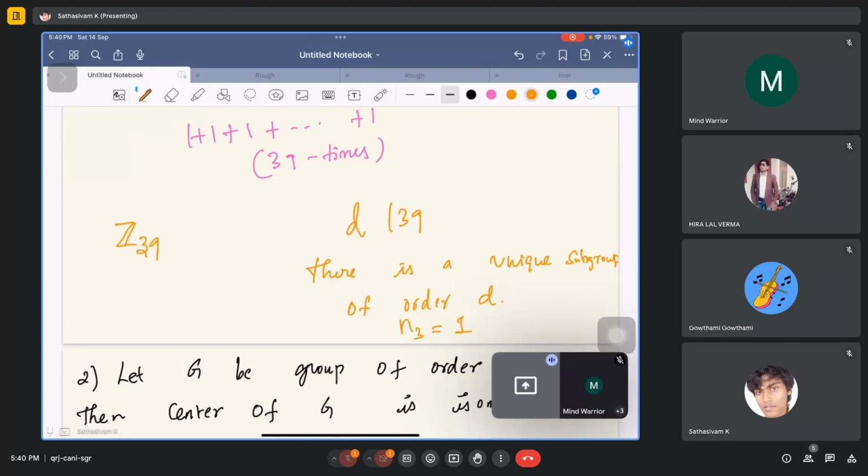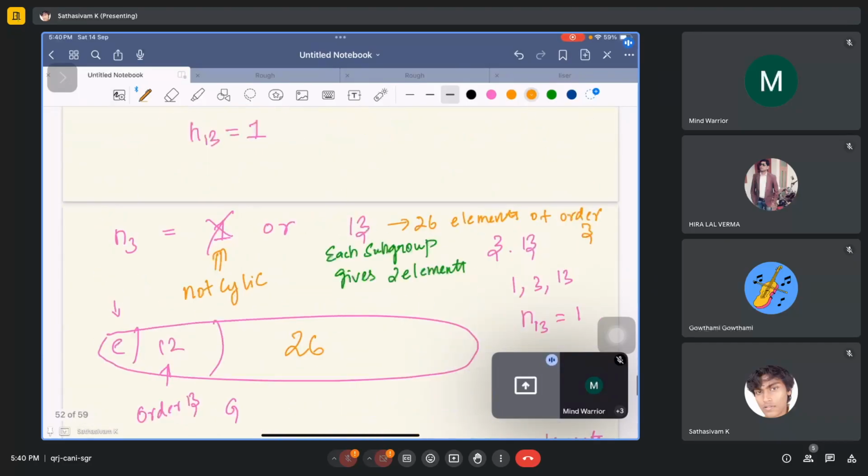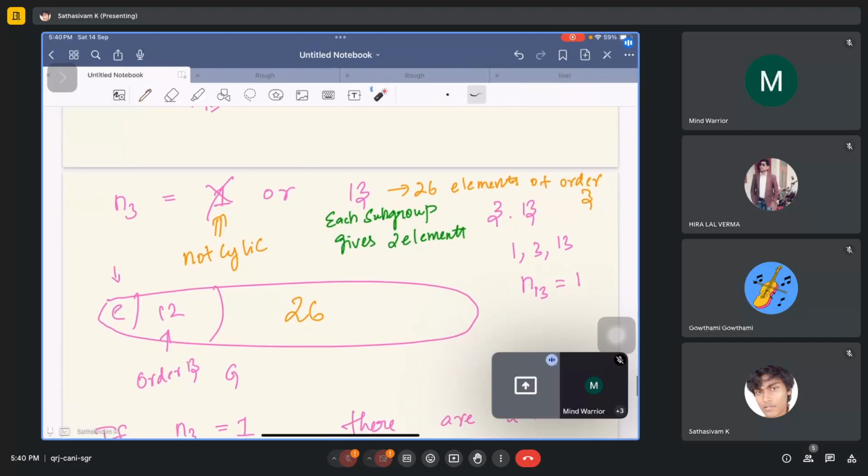So N3 equal to 1 is also a possibility, and N3 equal to 13 is also a possibility. When it is cyclic, it will be 1. When it is not cyclic, the possibility is 13. So in some sense, you can write these things together.